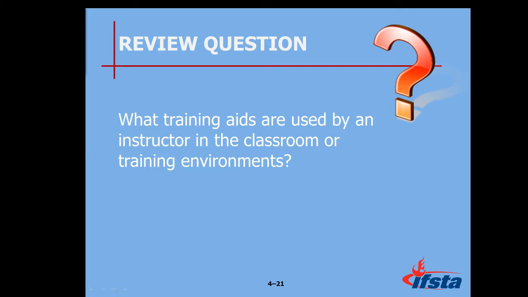Training facilities, props, paper, written out papers, handouts, models. Oh, cool. Audio recordings. We kind of use quite a few of those in this class, don't we? Virtual reality. That's a huge one.